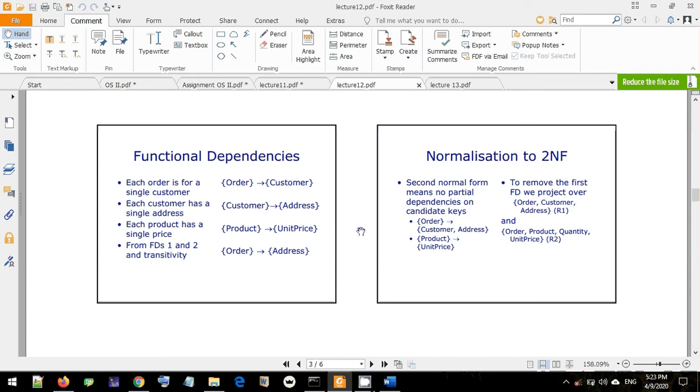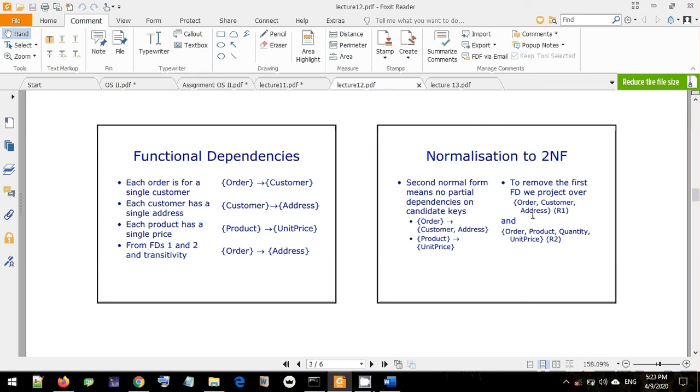Now, we observe some partial dependencies, like order, which is functionally dependent on customer and address, and product, which is equally dependent on the unit price. So in order to remove the first functional dependency, we shall project on R1 the table order, customer, and address.